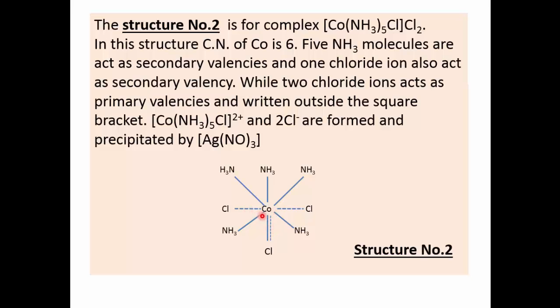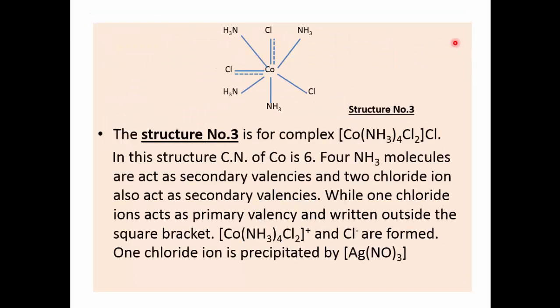While these 2 chloride ions present outside the square bracket, which are ionizable, act as primary valency, therefore they are shown with this dotted line. This is the second way of representation of Werner's compound.